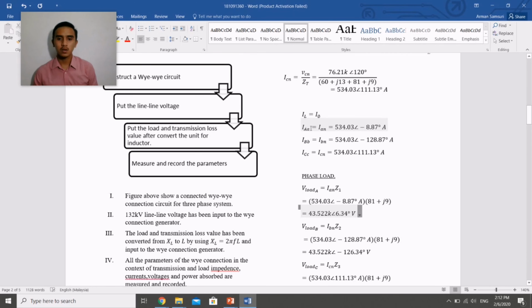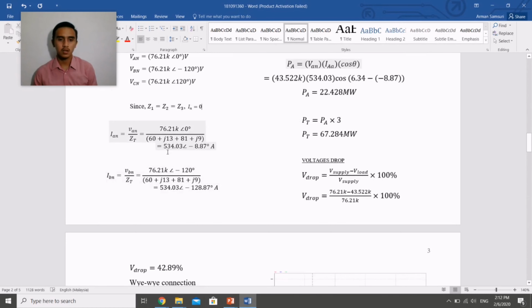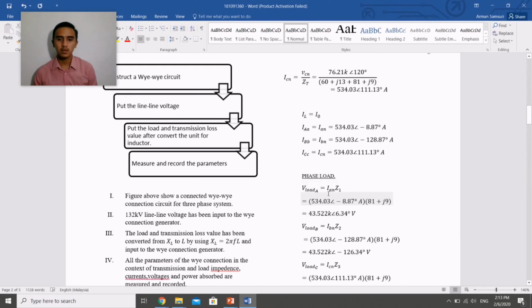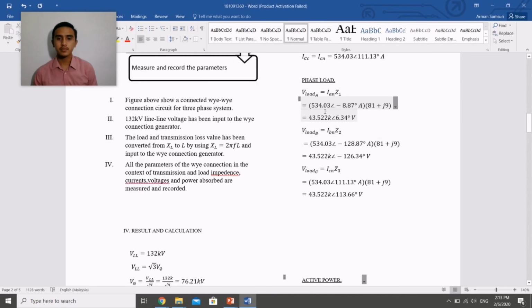So IL is equal to I phase, so IAA equals IAN, which is the same value as I told you here. For the phase load, V load A equals IAN multiplied by Z1. So for V load A, I got 43.522 kilovolts at angle 6.34 degrees.